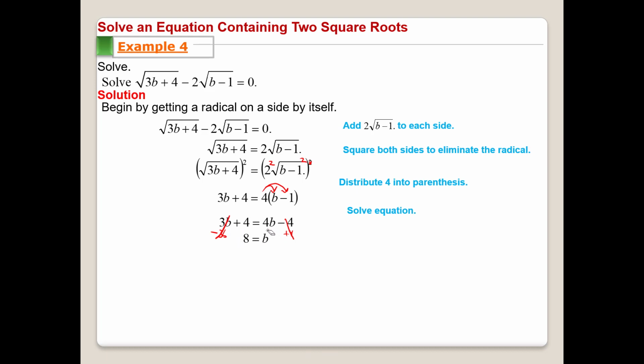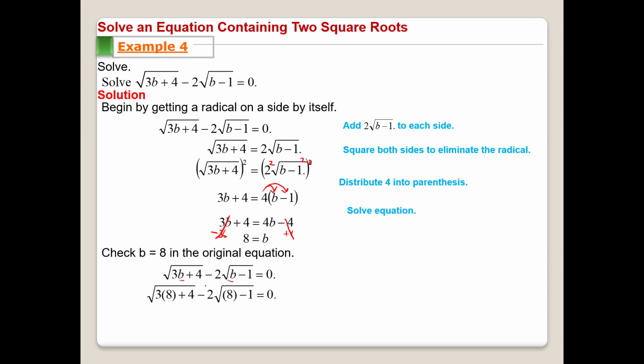All right. So now, what do we need to do? Our last step is to check to see if 8 works in the original equation. So there's our original equation, and let's plug in an 8 for both of those b's, in which case there they are. And now let's just do some little algebra math here and solve for this and see what we get.